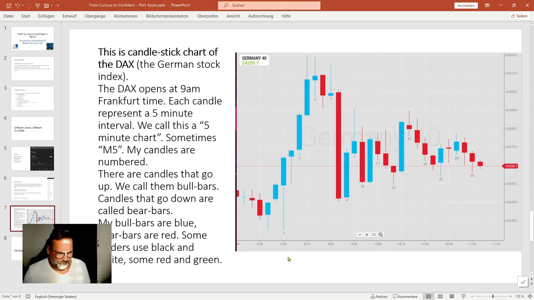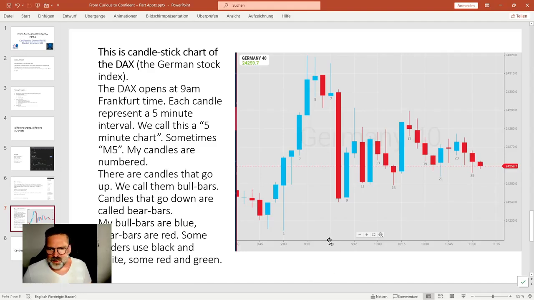So here's a screenshot again of the DAX, German stock index. Let's wrap this up. You have different time intervals. This one is a 5-minute chart, so each candle represents a 5-minute interval.